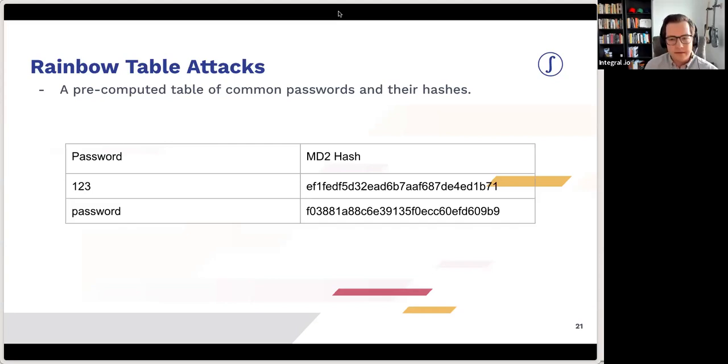And so all the attacker needs to do if he has access to your table is take this existing pre-computed table and check it against your user's table. And if he has any of the hashes that are the same, then he knows what that person's password was, and he can get into the application.